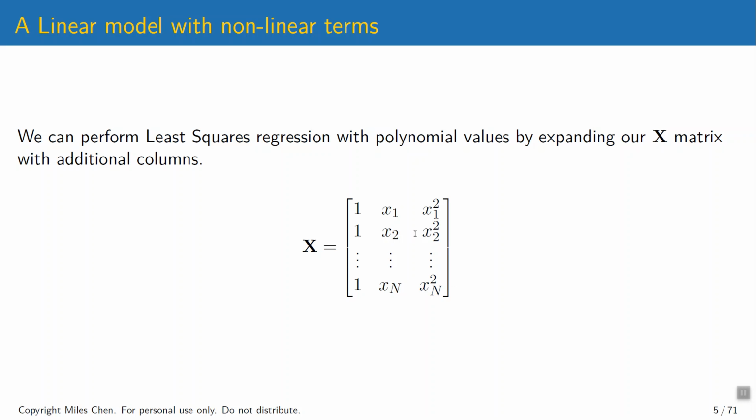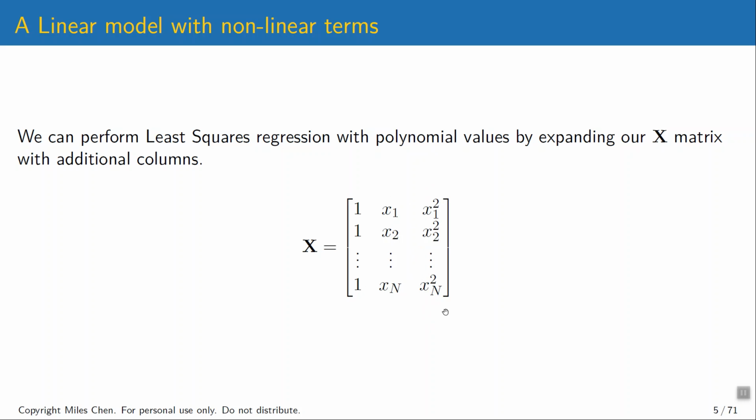And what we're going to do is, on Wednesday, we had our X matrix, which was a column of ones and the column of X values. And what I'm going to do here now is I'm going to add in another column, which will just be X squared values, okay? So now we can have a linear and a quadratic response.